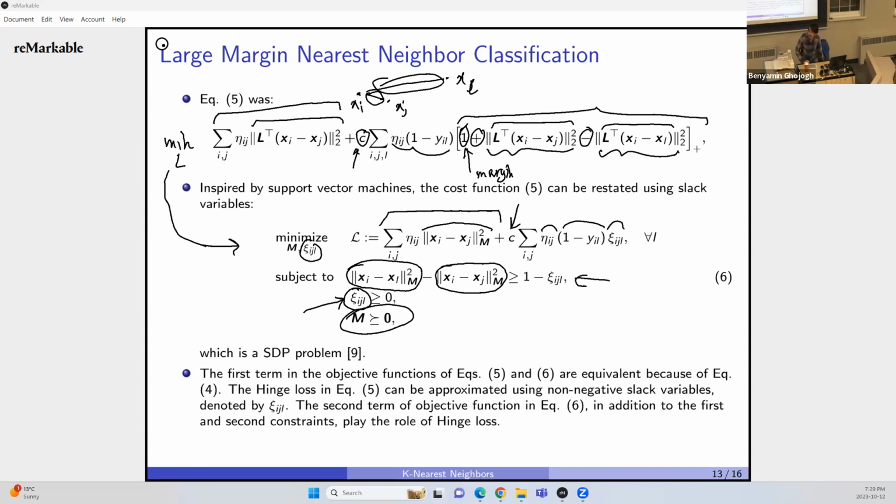According to the standard hinge loss definition, I know that this becomes in effect when it is non-negative, greater than or equal to 0, right?